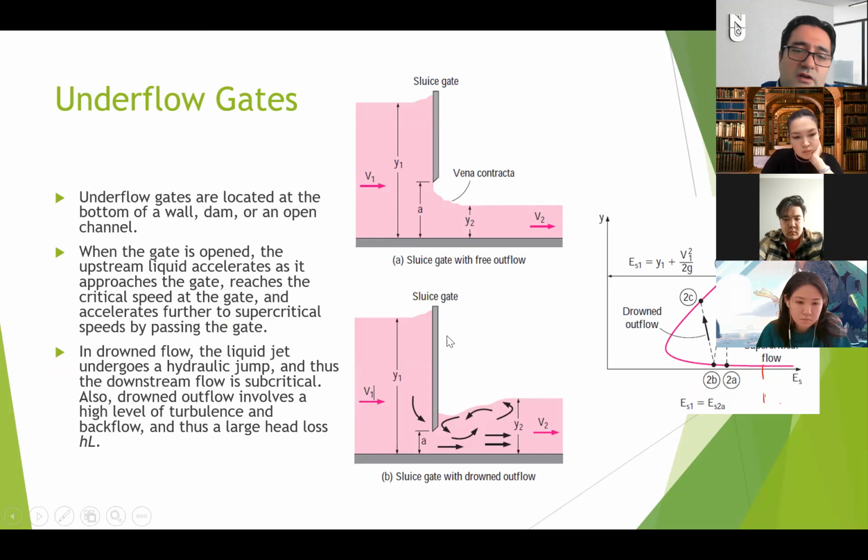But if the water has fluctuations here and rises up, experiencing a hydraulic jump, and continues to flow, this is called drowned outflow. In engineering structures like sluice gates in real life, this zone is also called the drowning zone.